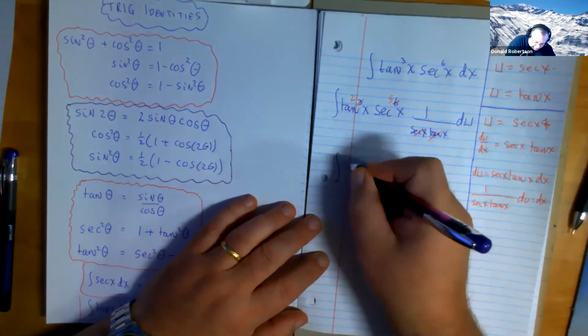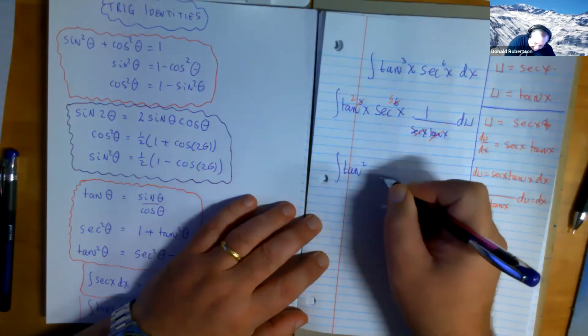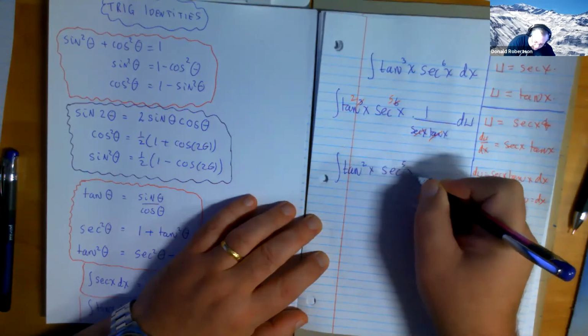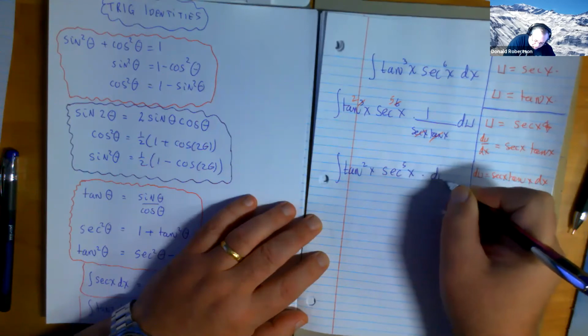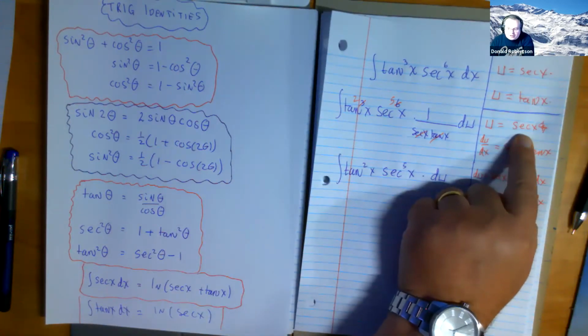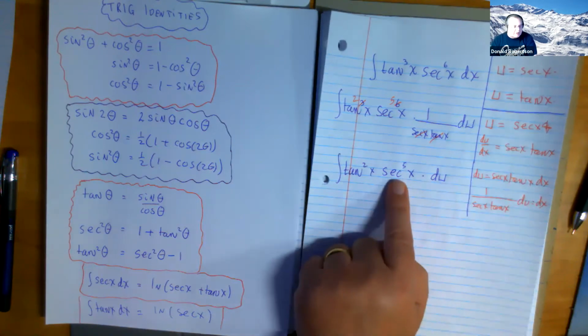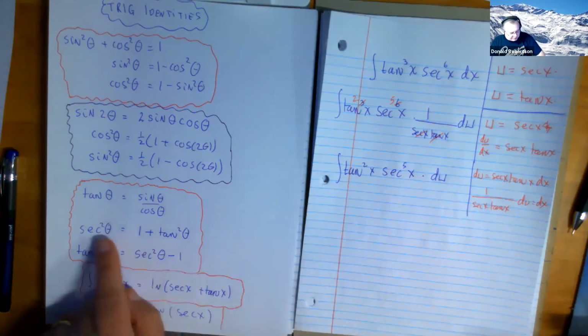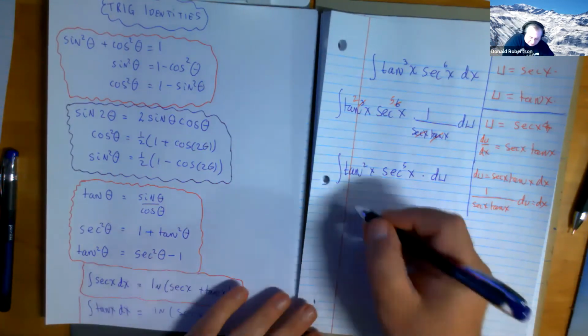So I'm now left with the tangent squared, that guy, the u. So since I'm choosing secant as my u sub, that guy's going to turn into u to the 5 and I'm happy. Tan squared is not any good to me, but tan squared can be turned into secant squared minus 1.